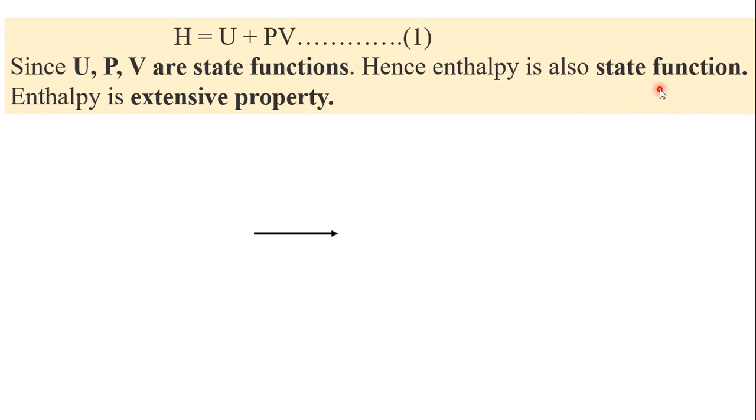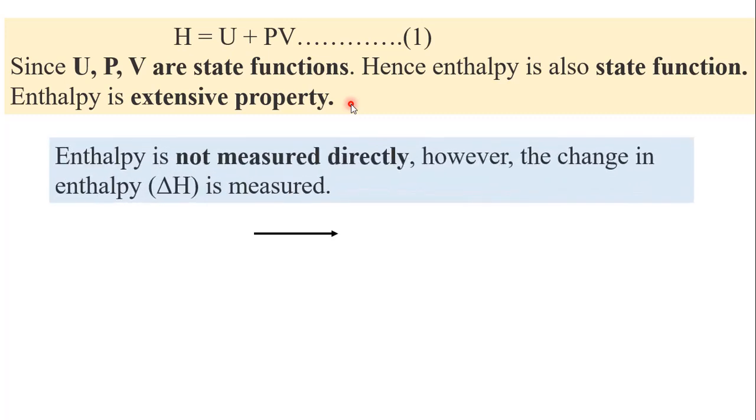Another point about enthalpy is that it is an extensive property. It depends upon the amount of substance. Remember, both these points are very important: enthalpy is a state function and enthalpy is an example of an extensive property. That means enthalpy depends on the amount of substance present in the system.